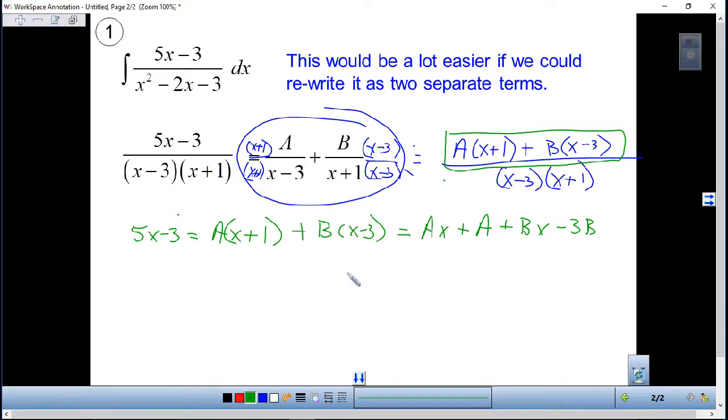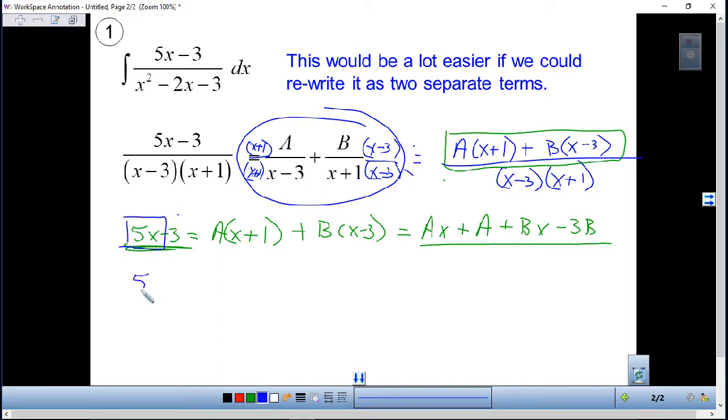Now, here's the thing. What can we do? We've got this expression equals this expression right here. How can we break that down into a relation of a's and b's that we can actually solve? Well, look only at the x terms.